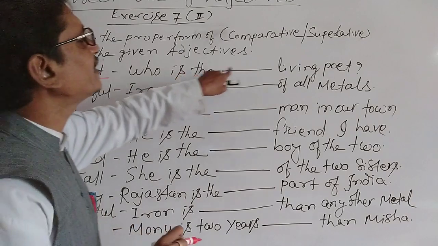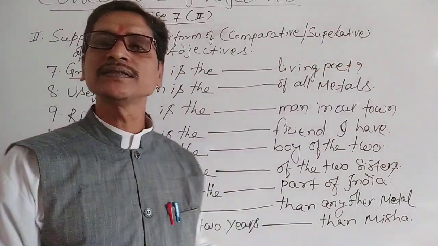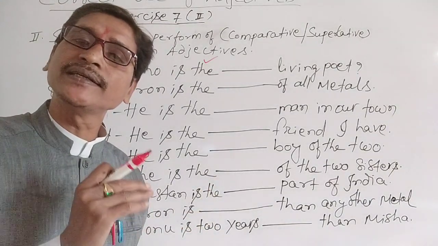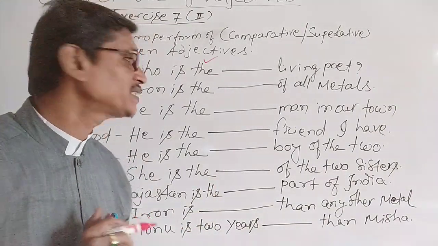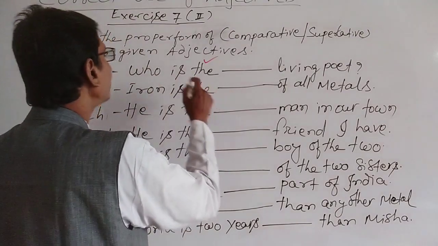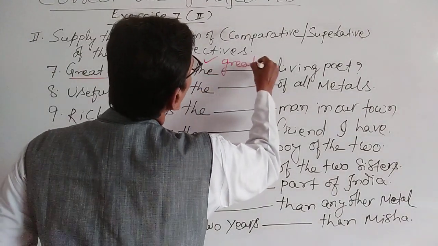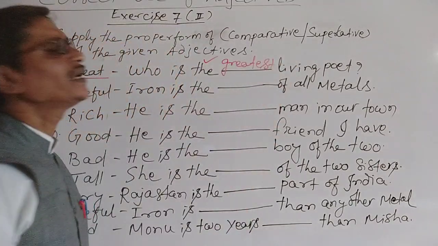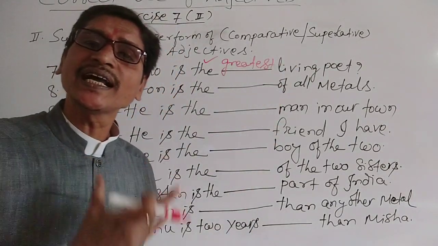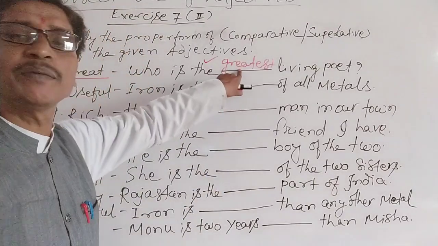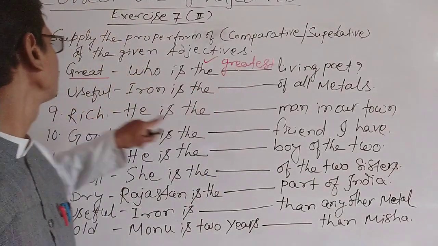Who is the dash living poet? We know the article the is often used before superlative degrees. So what will we write? Who is the greatest living poet? Because here we have used the superlative degree.